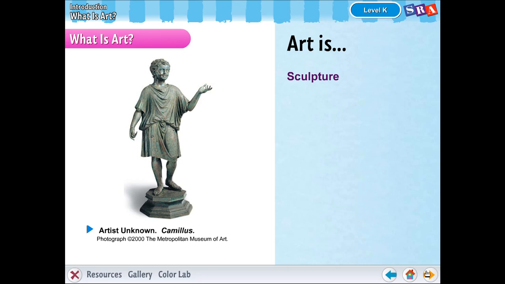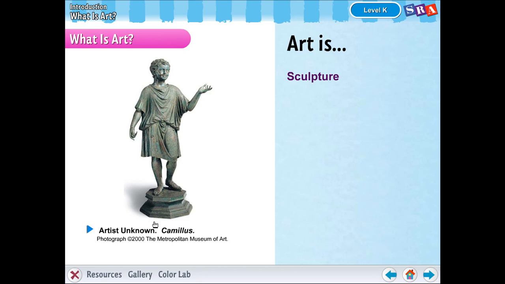Art is also a sculpture. A sculpture is anything that can be built up, like a Lego sculpture. It can also be made out of clay, someone could carve it out of wood, you can make it out of metal, or it can be made out of stone. So here's an example.